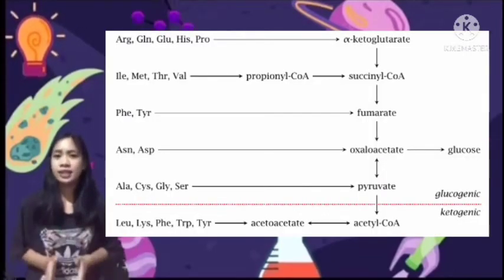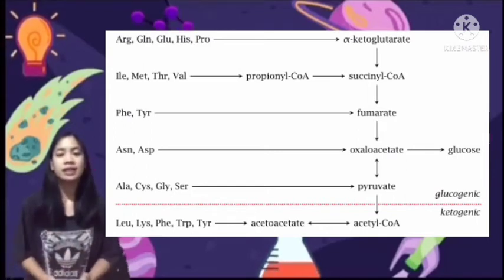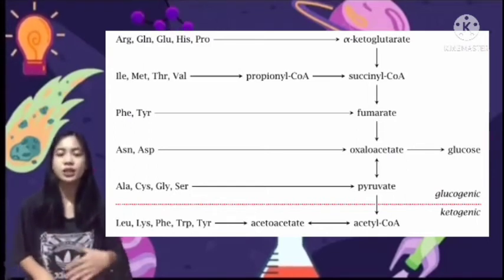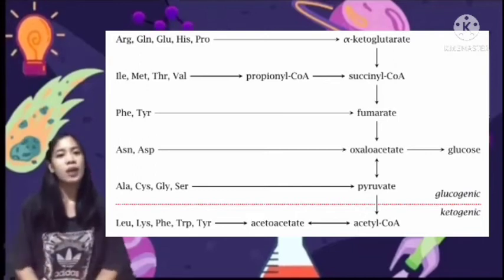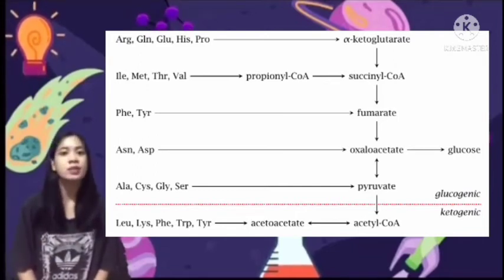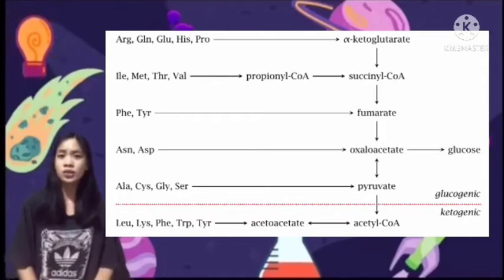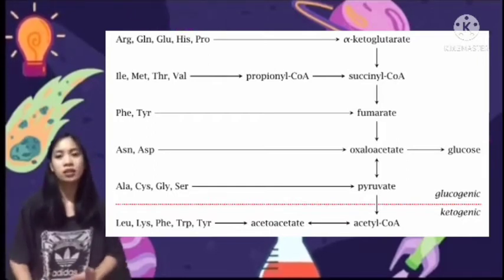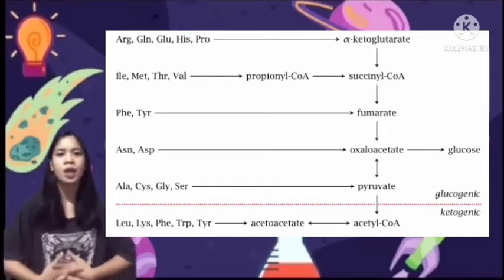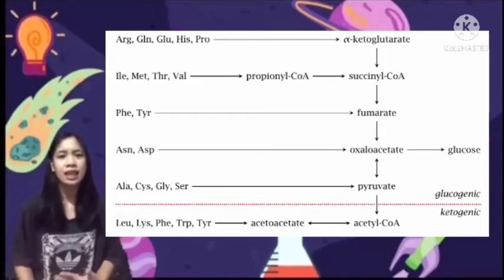The degradative pathways can be divided into 2 major classes. As shown here, most amino acids are converted to intermediates of the citric acid cycle or to pyruvate, which in turn can serve as precursors for gluconeogenesis. These are the glucogenic amino acids. Those amino acids that yield acetoacetate are called ketogenic.